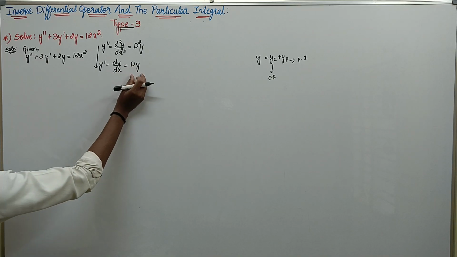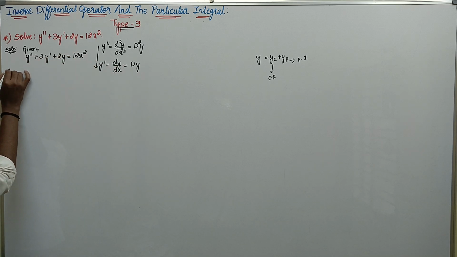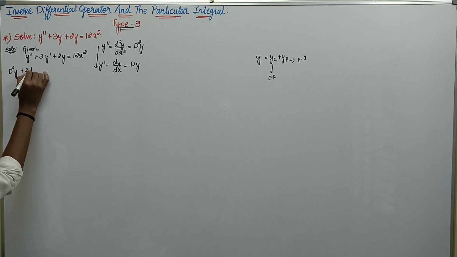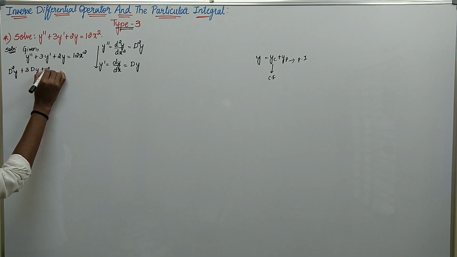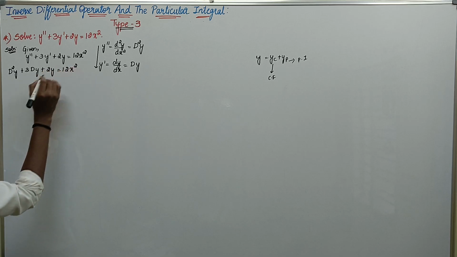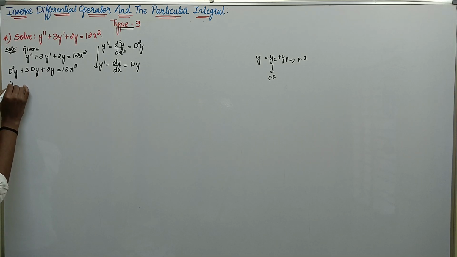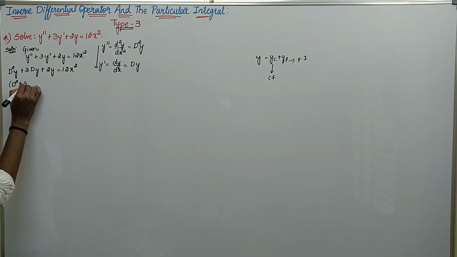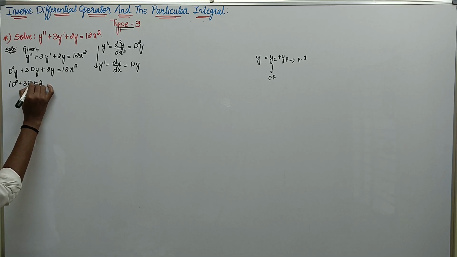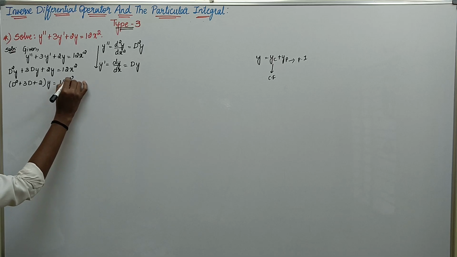Then the equation becomes d square y plus 3dy plus 2y equal to 12x square. In the LHS we have y common, so we take y common: d square plus 3d plus 2 into y equal to 12x square.